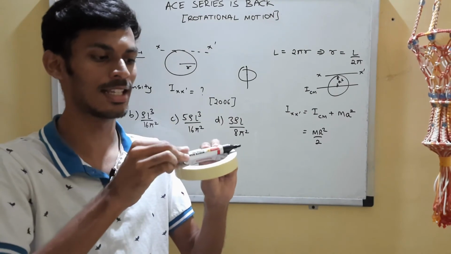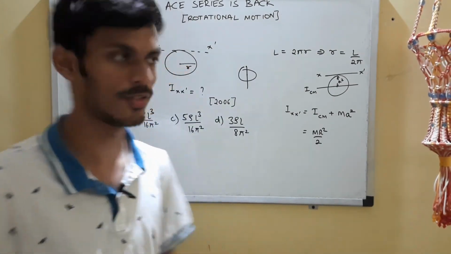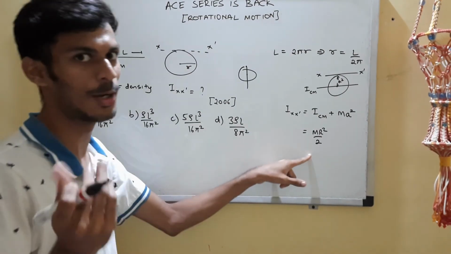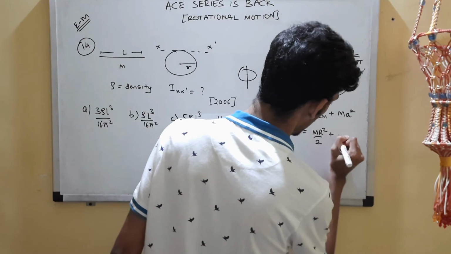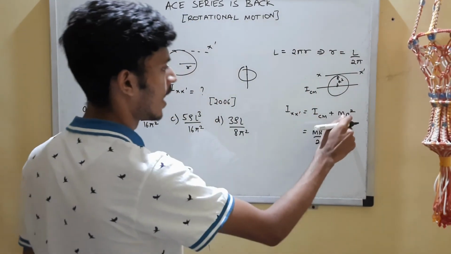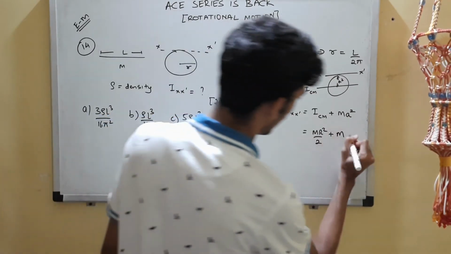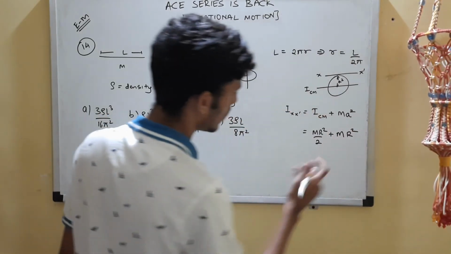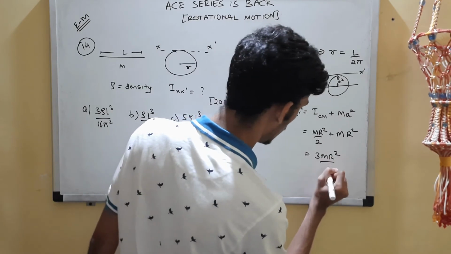But if the axis is like this, the ring is rotating this way, then the moment of inertia is mr square by 2. Now the next thing is the mass of the body times this distance. This distance, if you see, is nothing but the radius. So this is half plus 1, that will be 3 mr square by 2.